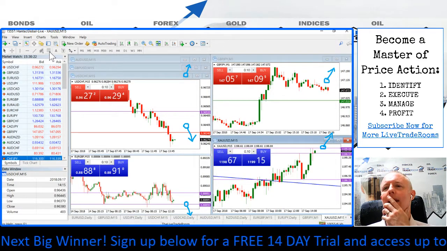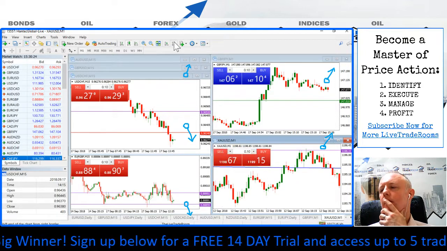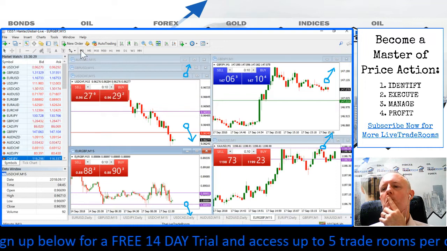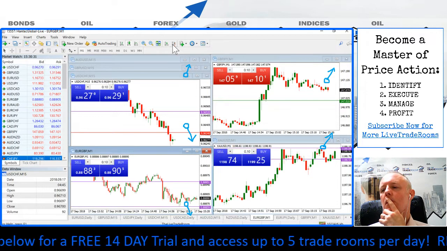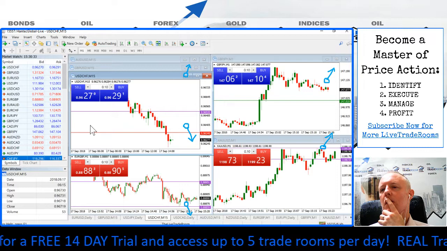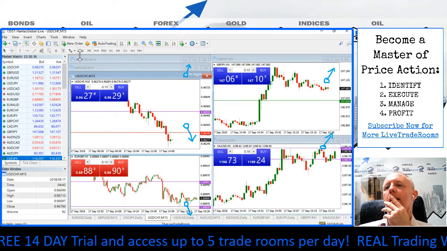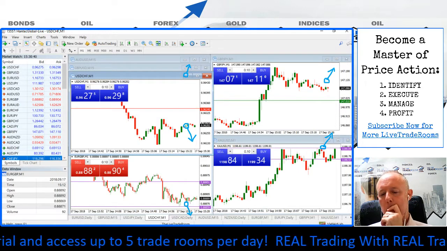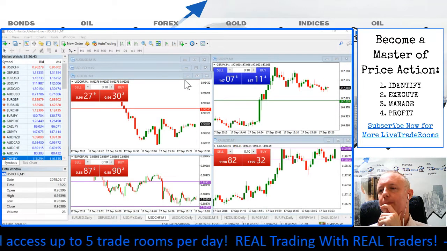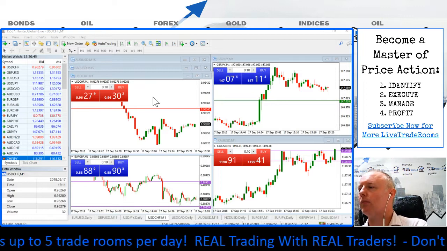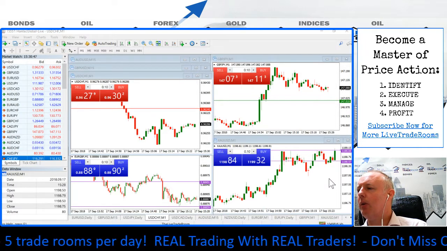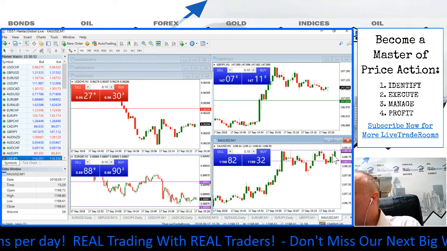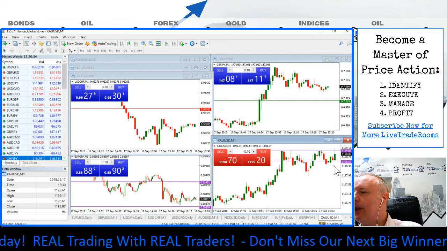So all of these are getting pretty close to potential moves. So we're getting a little break above. So let's see if we get a close now above the 111.99.